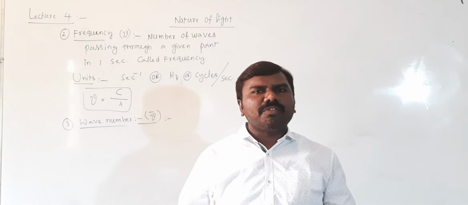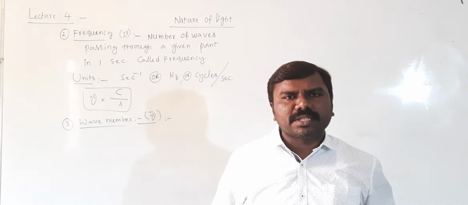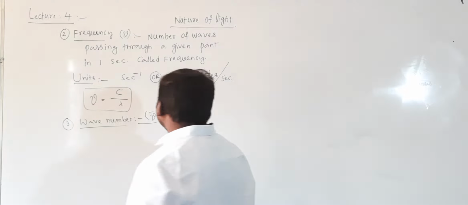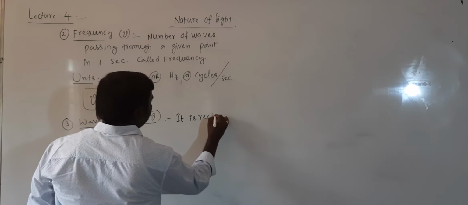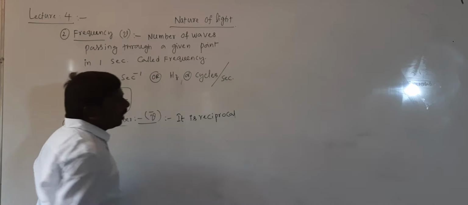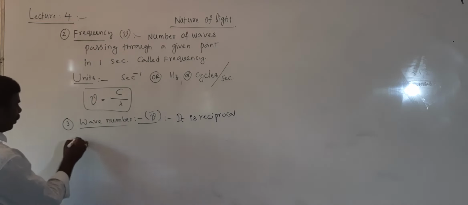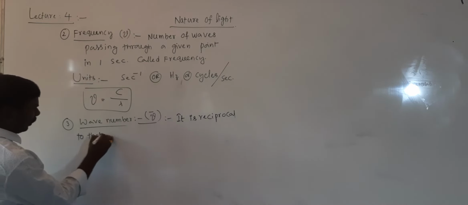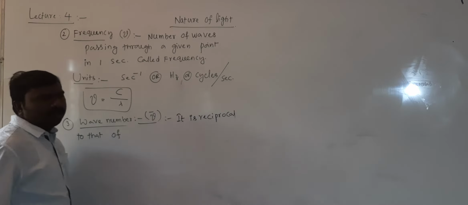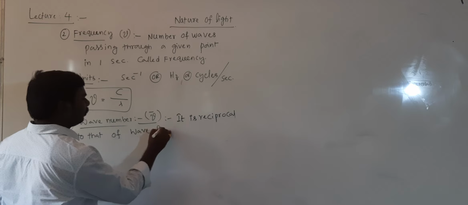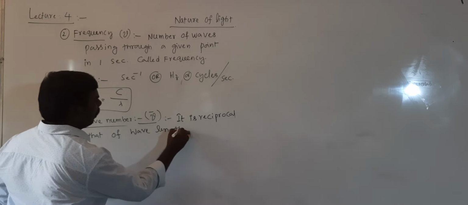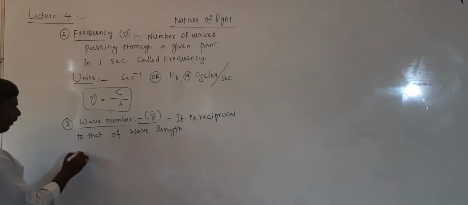Otherwise, the number of wavelengths per unit distance is called wave number. It is reciprocal, meaning inversely proportional to wavelength.